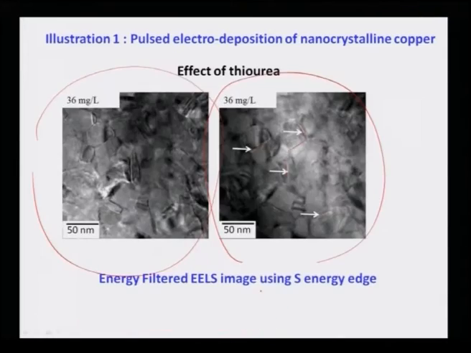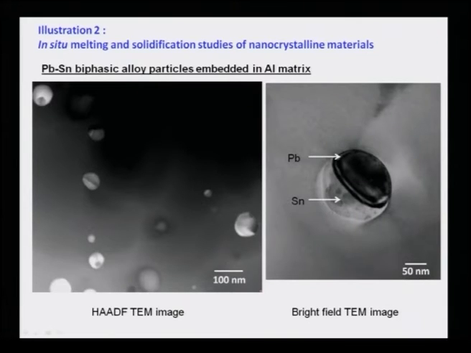To show you one such image here, this one I showed you in the very first lecture of this course. This is a picture taken with a HAADF detector in a microscope with a field emission gun.